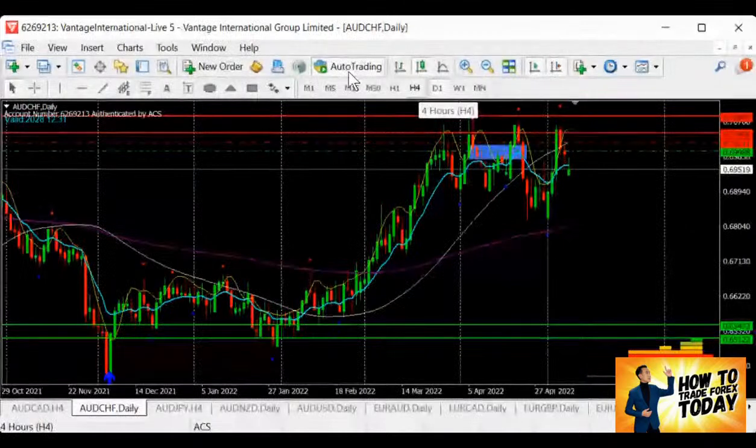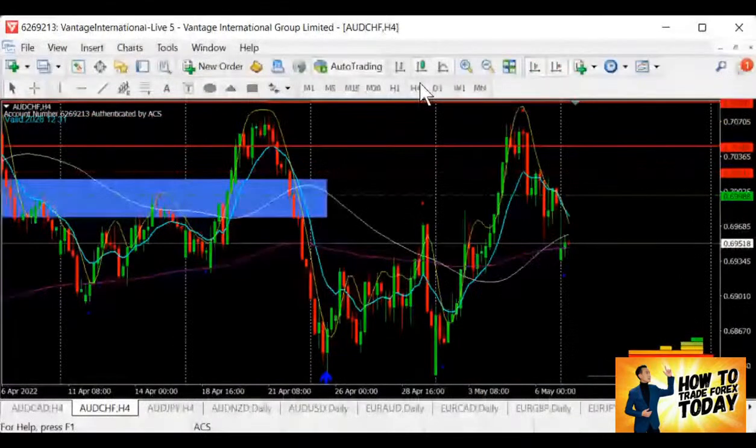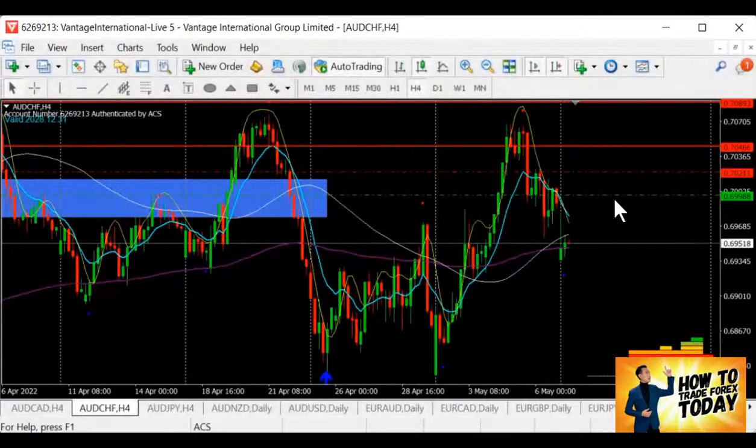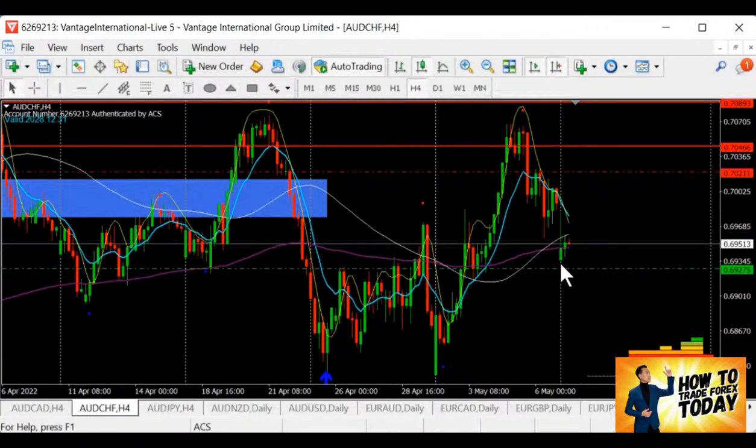Since we are still in the bear market, right now I'm going to look out for selling. But if we are talking about support, we are actually very near to the support in this area.